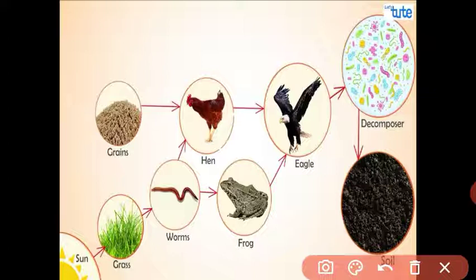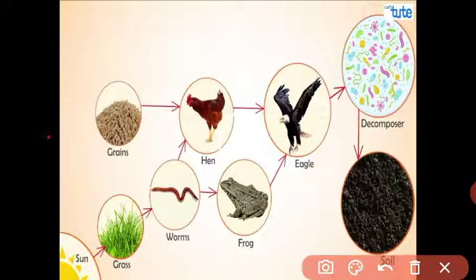So see, students, next time you are eating something, remember you too are part of the food chain. Got it, students? What is meant by food chain and food web?